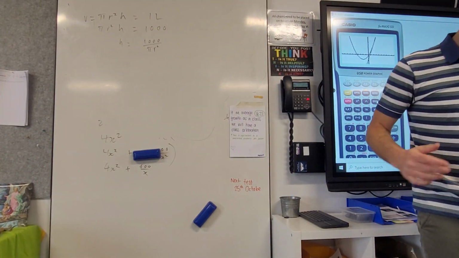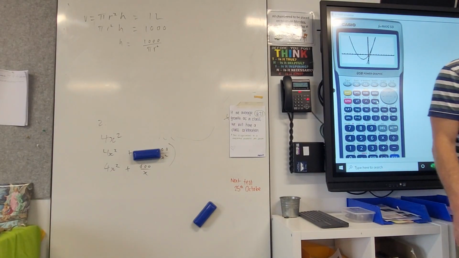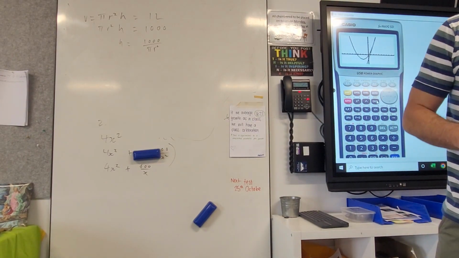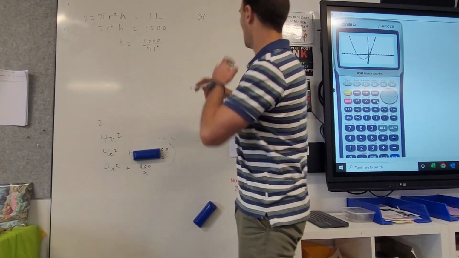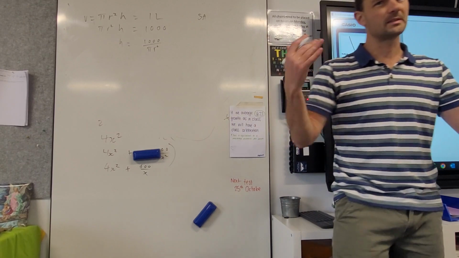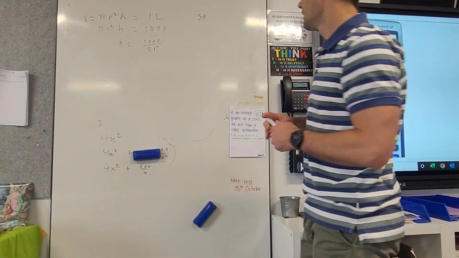Okay, then it says, show that the total surface area is given by. So, the surface area of a cylinder. Okay, let's develop this equation together. Let me show you where we get this from.